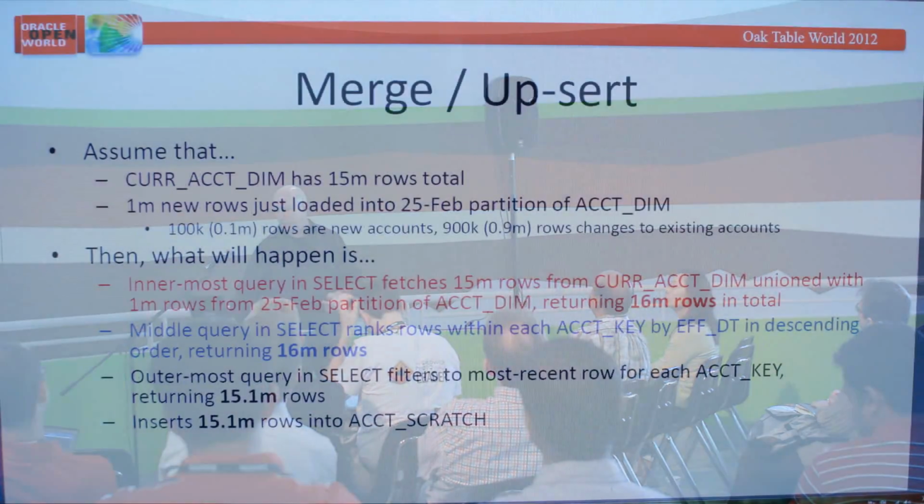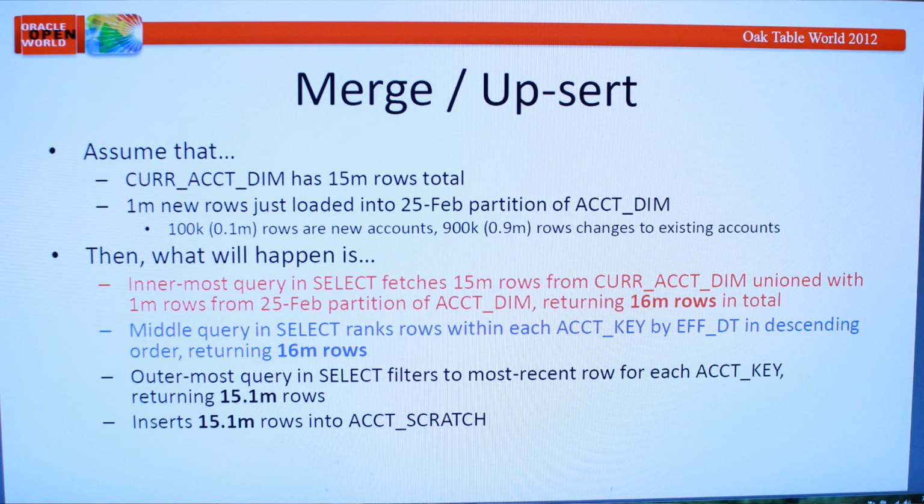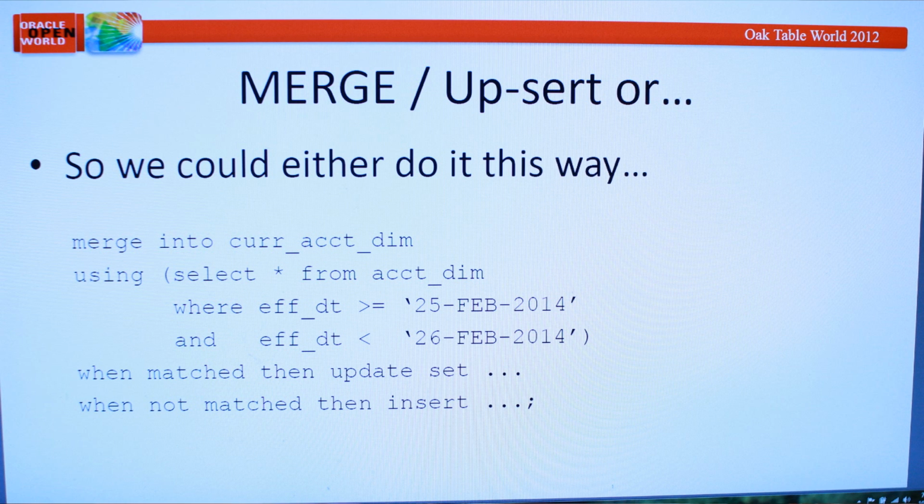So, merge upsert. It can be done either one of 2 ways, using this merge command or the exchange partition technique. Okay. So in summary, my advice, load the time variant tables first. If your load cycle frequency matches your partition keys, then you can use the basic 5-step technique.